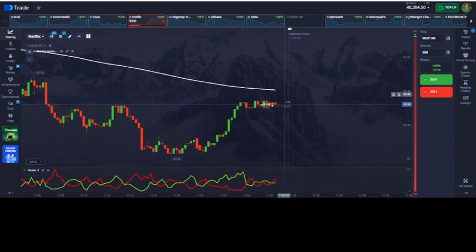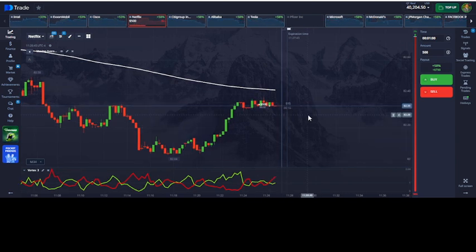So these two confluences suggest a bearish reversal is going to occur here at this level over the next 60 seconds. This is in alignment with the bearish overall trend of the stock. So let's monitor this trade and wait for the expiration.